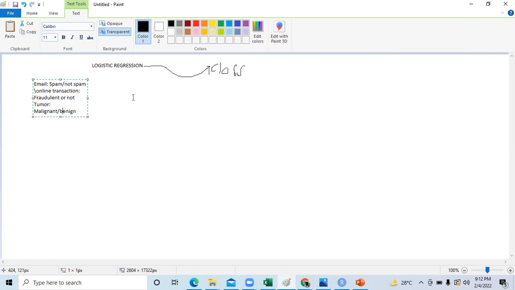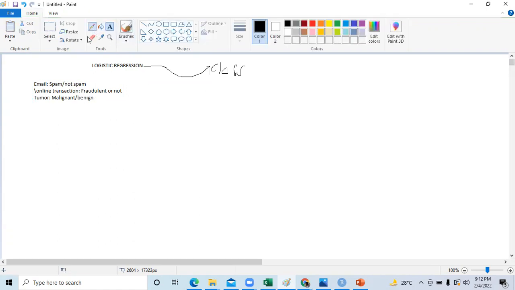So classification algorithms are as important as regression algorithms. They are very important in machine learning and in the real world, right? So in this case now, our output variable, which is y, is a real number, which is either 0 or 1.